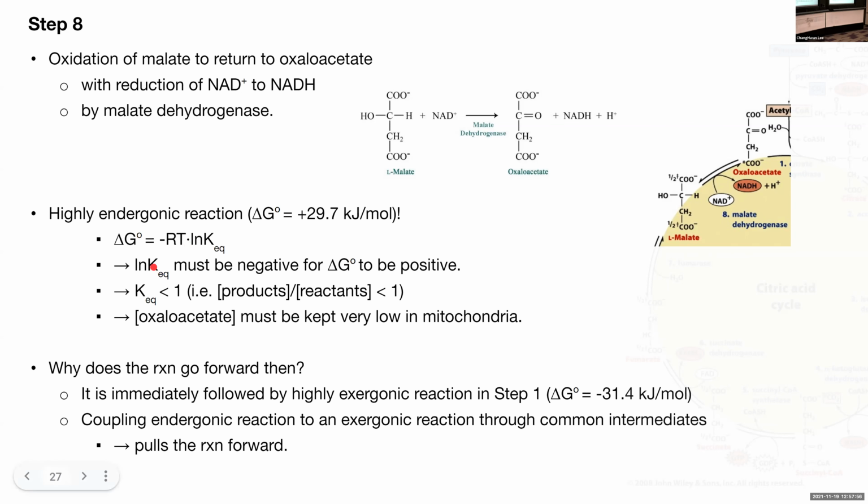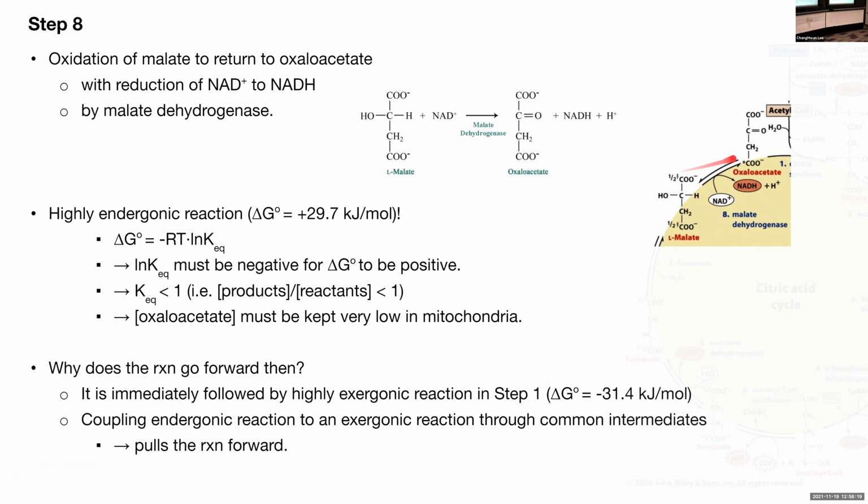That also means the KEQ should be smaller than 1. And KEQ by definition is the ratio of the concentration of the products to the concentration of the reactants. That is smaller than 1, meaning that you're going to have much less products compared to reactants.